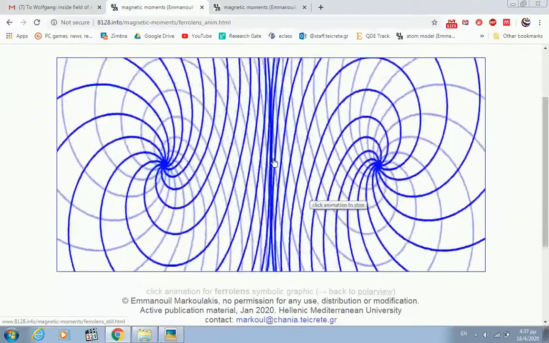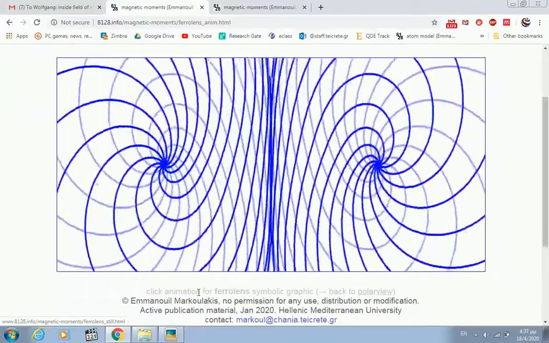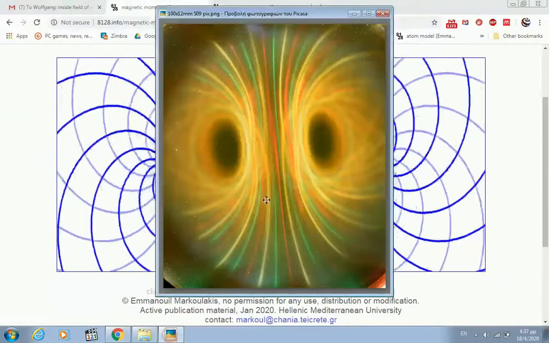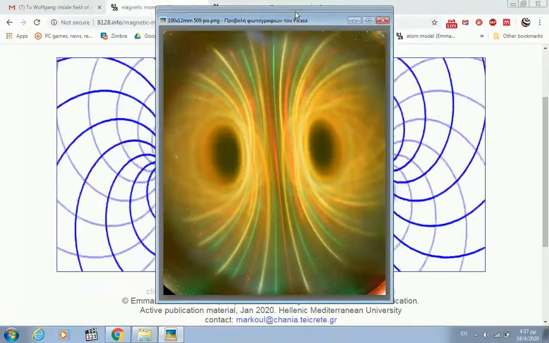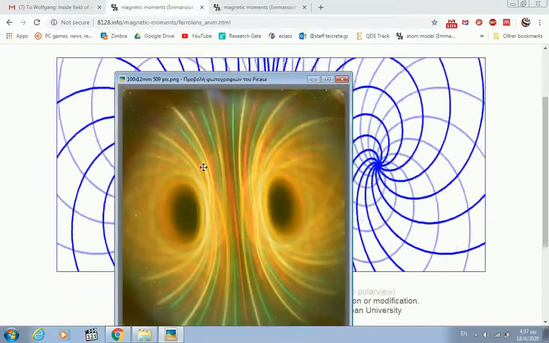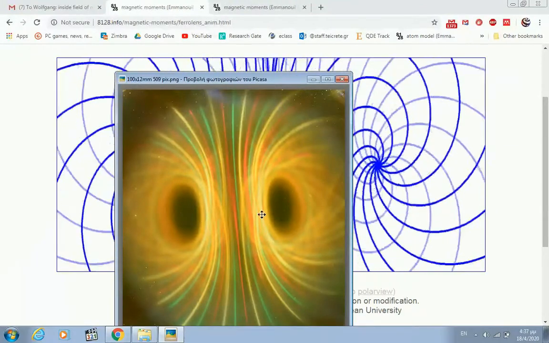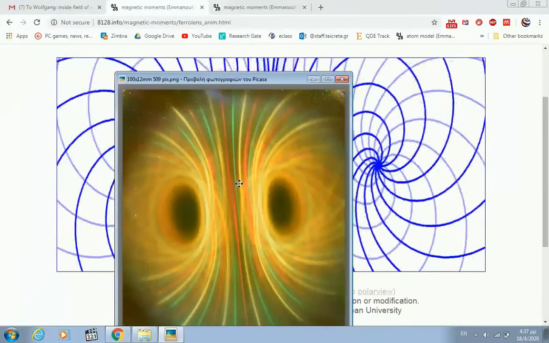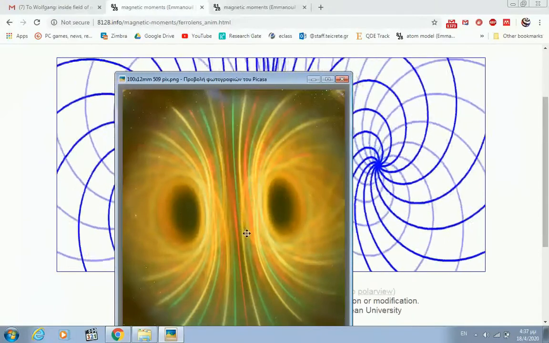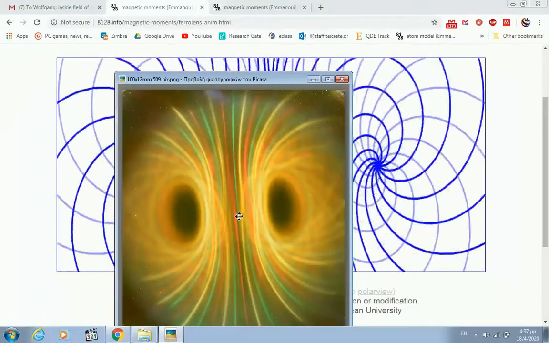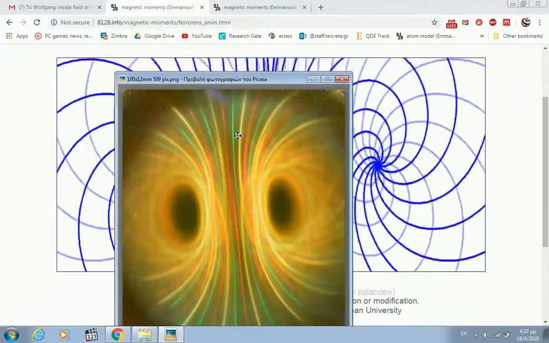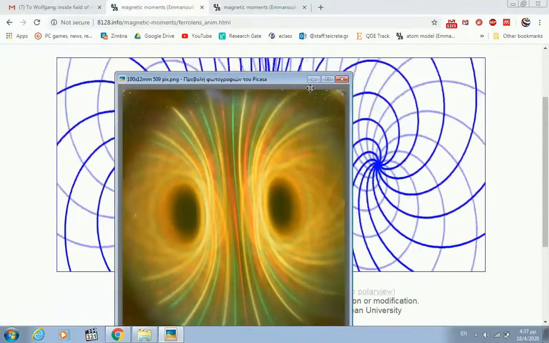So this is actually what we refer to as the domain wall region on the Ferrolens. Because they are the two poles, the two vortices are coming together. There is pressure inside. The flux lines here are pressurized, and therefore they appear without curl and straight.